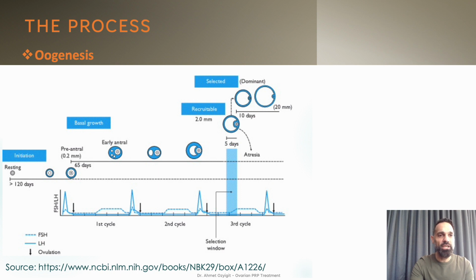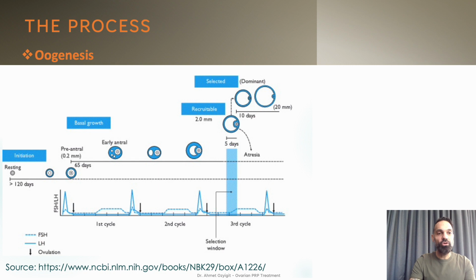So as you can see, here is where you would expect the primordial follicles. So here the preantral follicles, they need about 65 days to reach the stage of ovulation. Here with the primordial follicles, you're looking at about 80-85 days until they reach the stage of ovulation. So 80-85 days would be 2.5 cycles away.